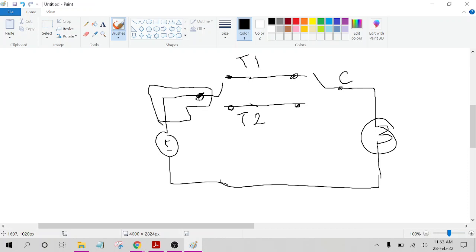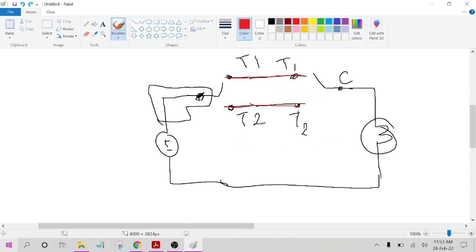This one, right? And this one is terminal 1, the bottom one is terminal 2. So now we want to establish these two connections. Please observe that terminal 1 of switch 1 is connected to terminal 1 of switch 2. Same is the case with terminal 2.